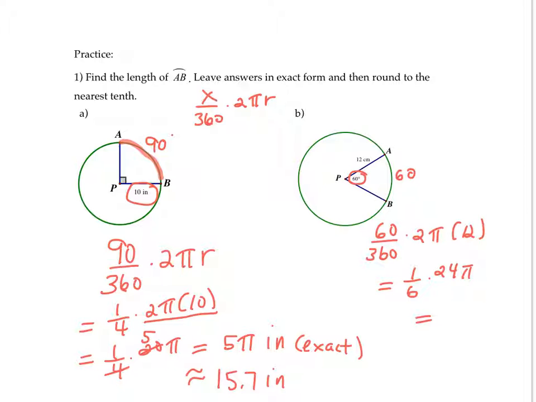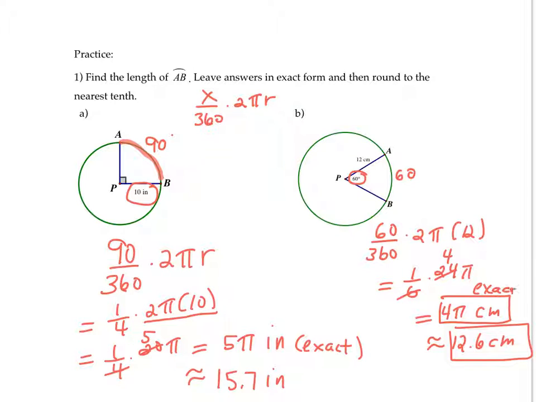And then finally, multiply 1/6 times 24. 6 goes into 24 4 times. So we're left with 4 pi centimeters, or approximately 12.6 centimeters if you multiply it out on your calculator. So remember, in terms of pi is an exact answer, and when we get that decimal, that's an approximation.